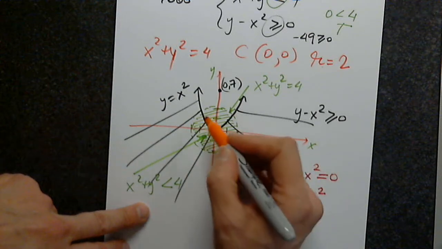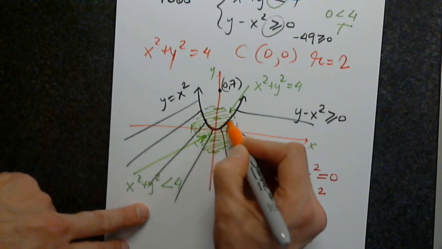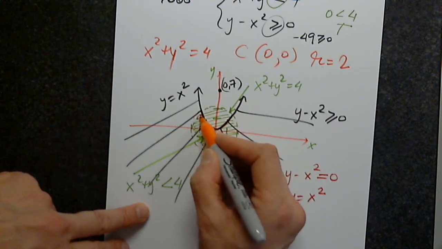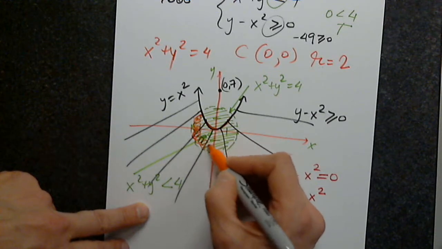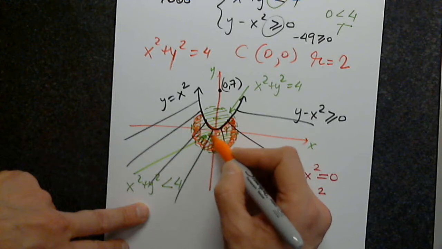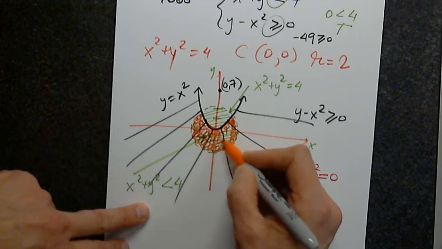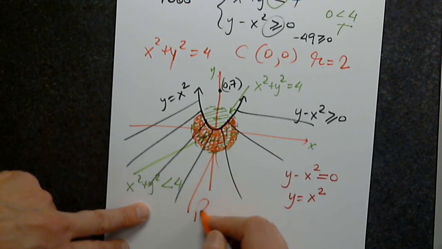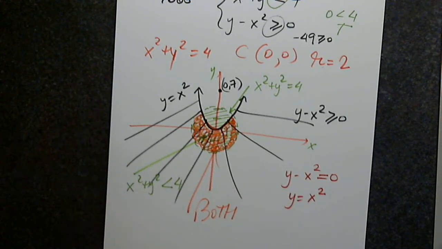Where they overlap. So everything here, and everything very, very close to the circle, and everything inside. This is the both. Any questions?